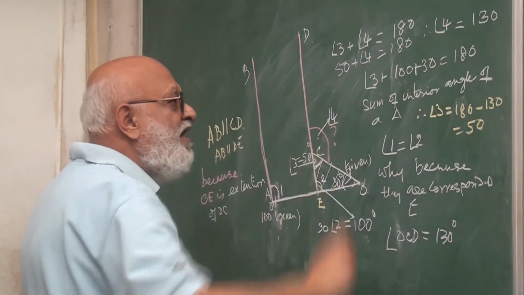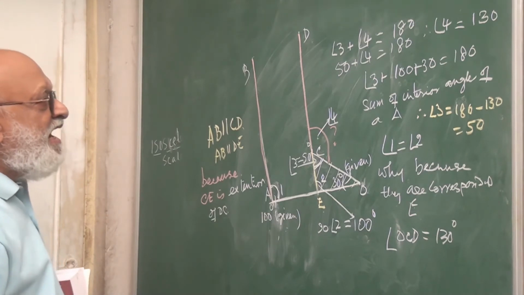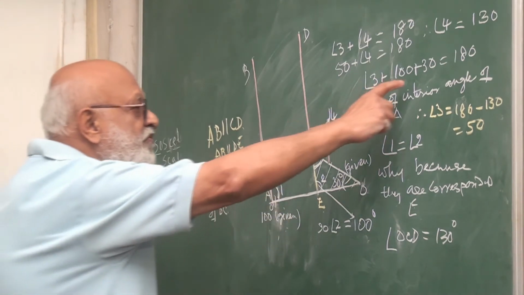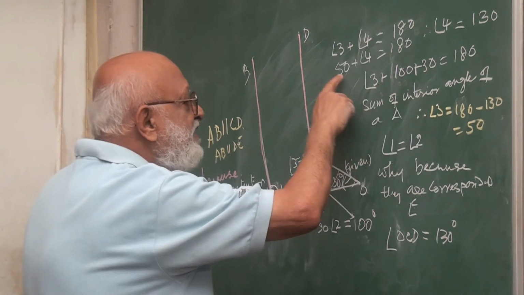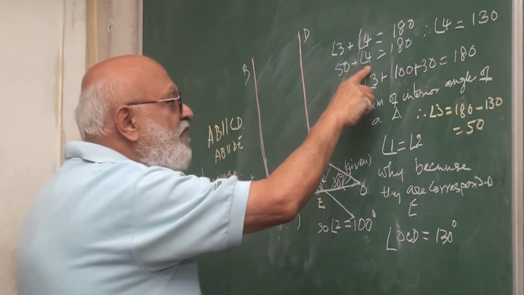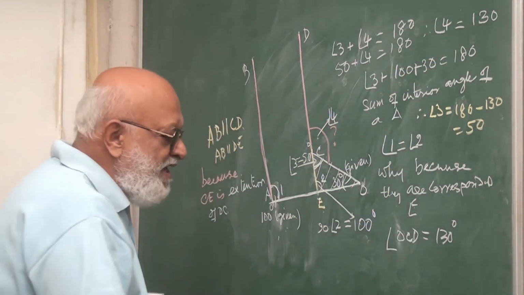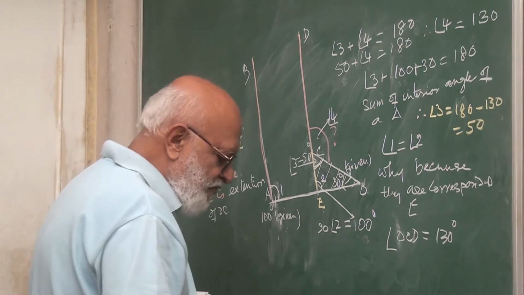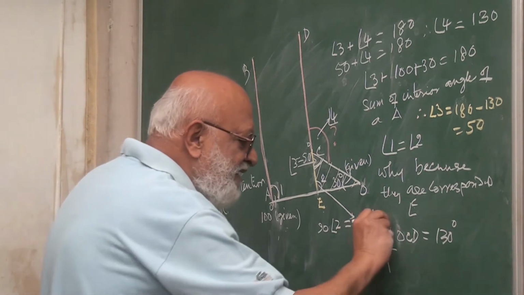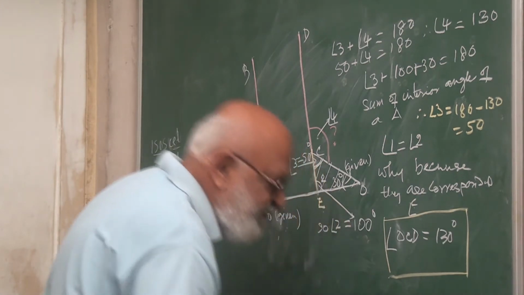From that I have found out the value of angle 3, and that comes out to be 50. I have substituted the value of angle 3 here, and from there I have obtained angle 4, which I have been asked to find out, which was the assignment. The assignment is to find out this particular angle.